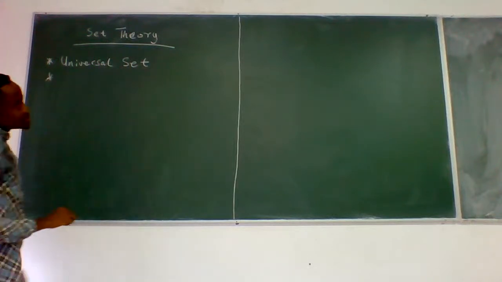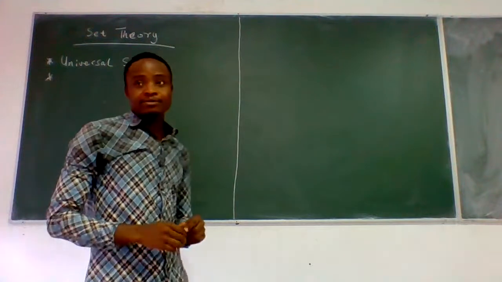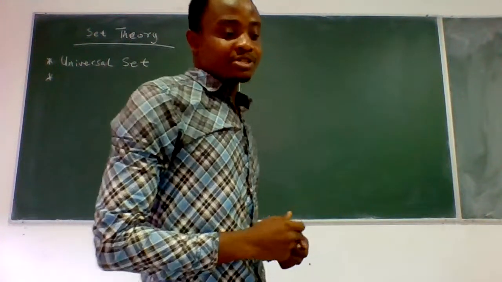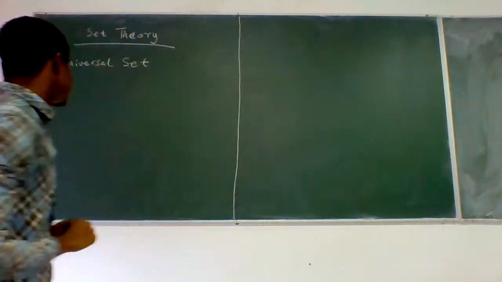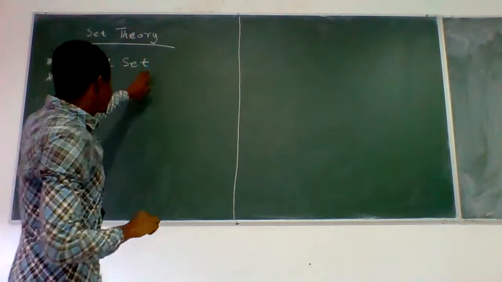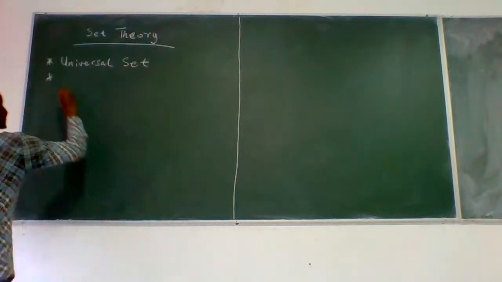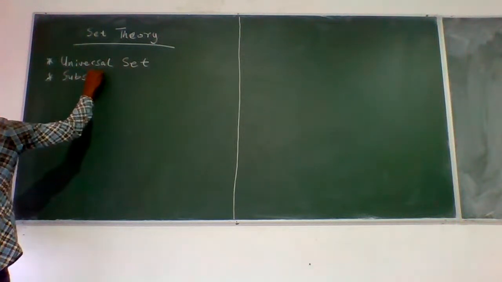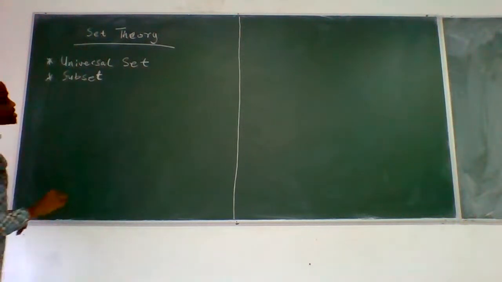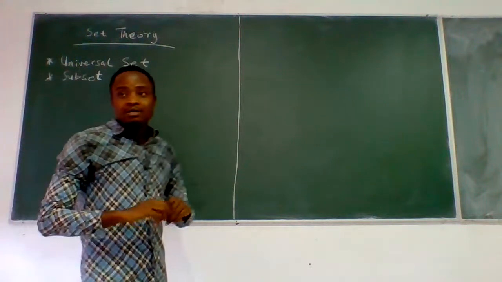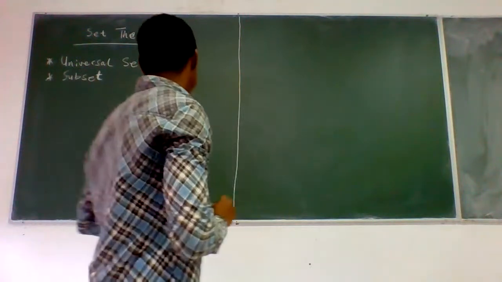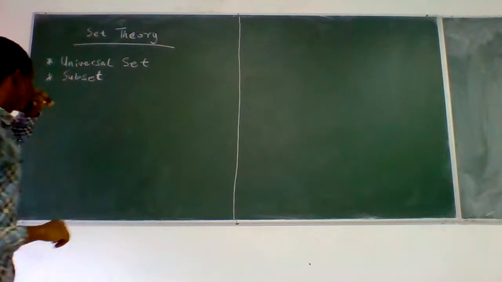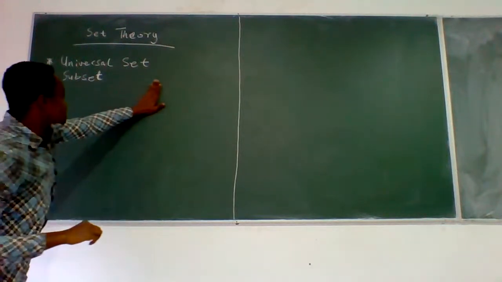When you say universal set, it's a bigger set that we are considering. The sets contained in it are called its subsets. So basically that's the universal set, and then you have the subsets. The subsets are the sets that are contained in the universal set.